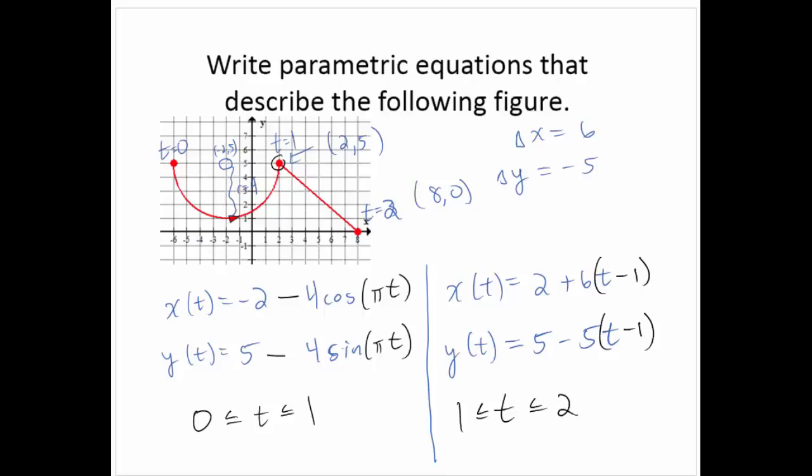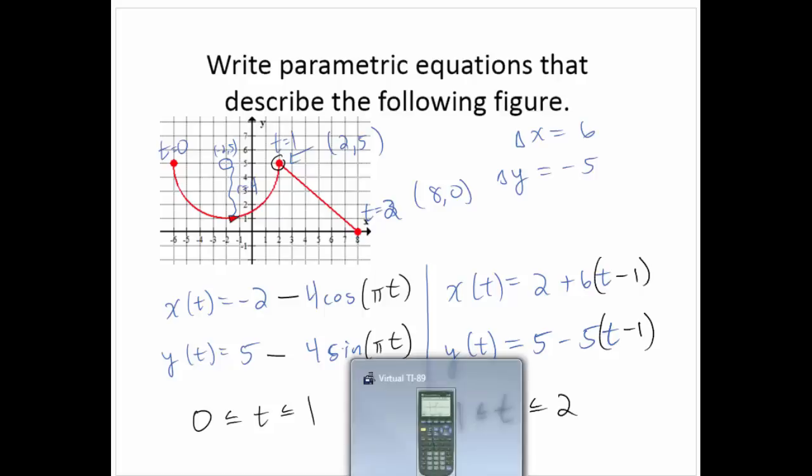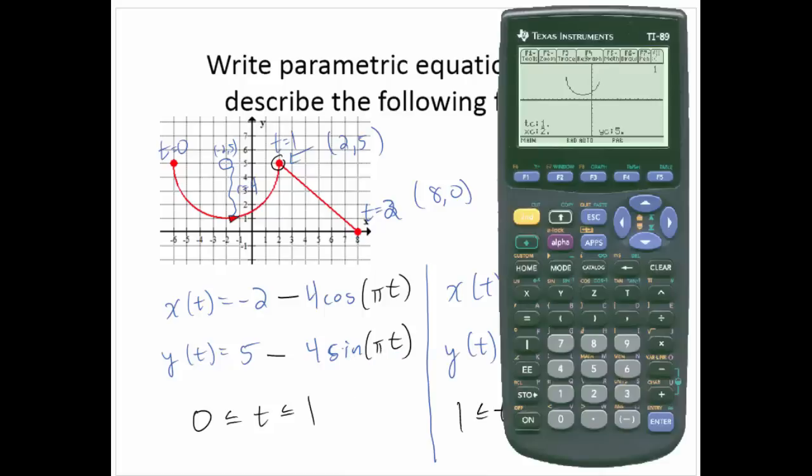Let's check that in the calculator as well. So back to my y equals screen, and we'd have 2 plus 6 times quantity t minus 1, and 5 minus 5 times quantity t minus 1.